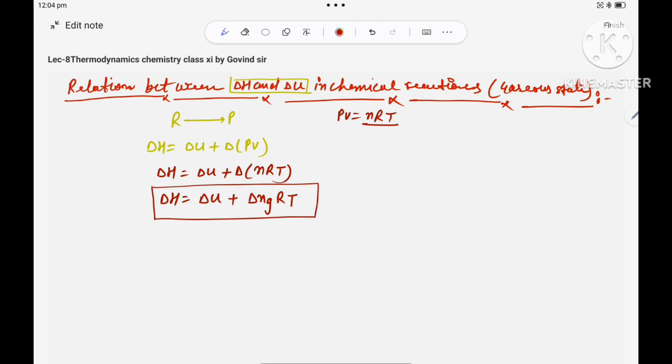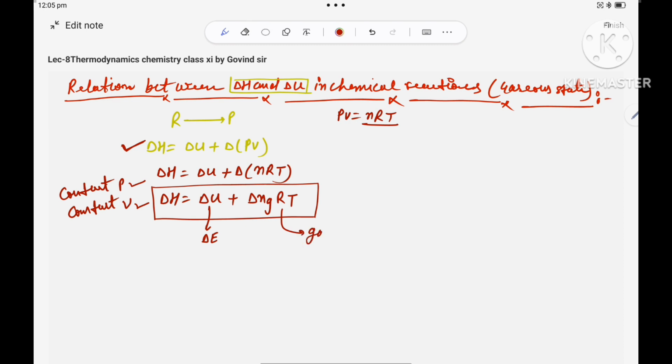This formula, where will you apply it? At constant pressure, constant volume. This formula is correct all the time, and you can apply it at constant pressure and constant volume. Delta U means delta E also somewhere you got. Delta Ng means what? R means what?